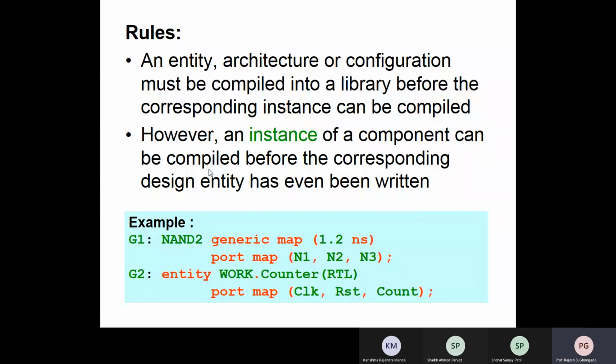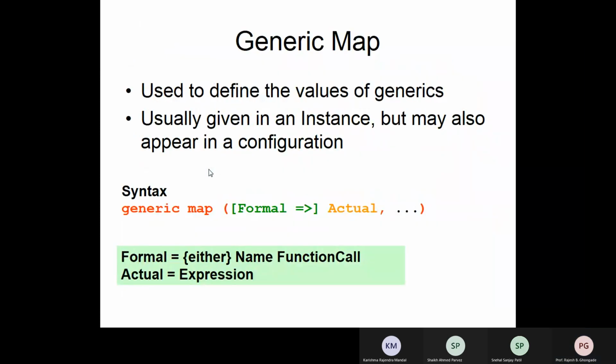And then you have some other entity, which is another component, which is called up, which actually happens to be in the work library, the package, and named counter. Okay. The port map for that is clock, reset, count. So in this way, basically you can call that entity and then you can use it. We'll see with an example.